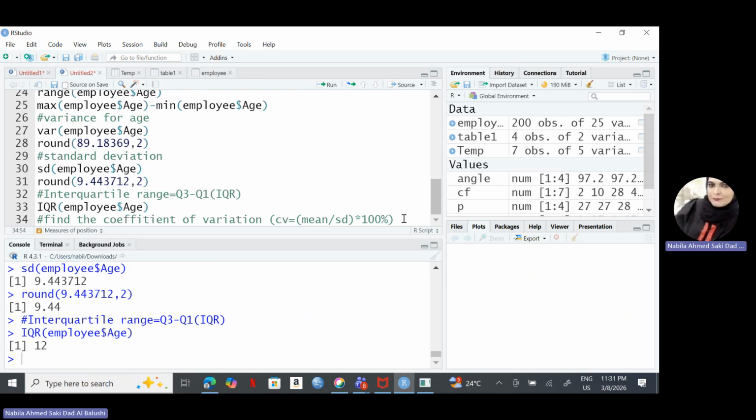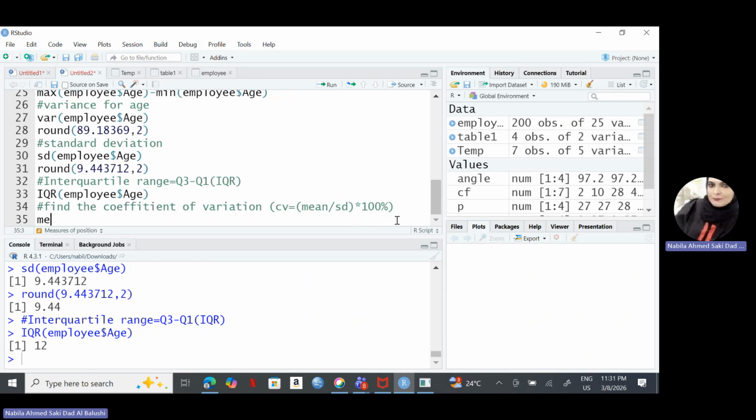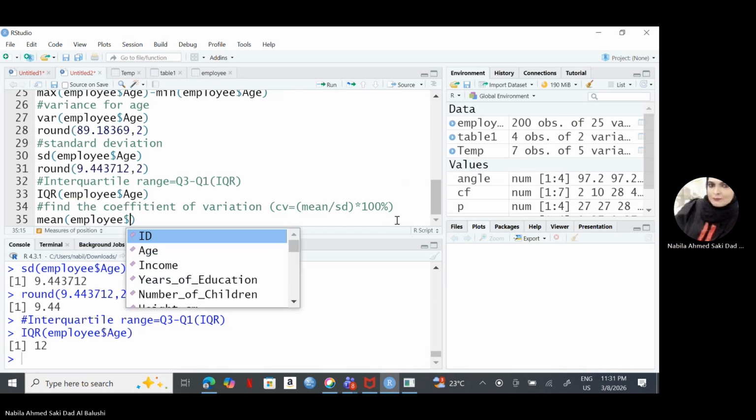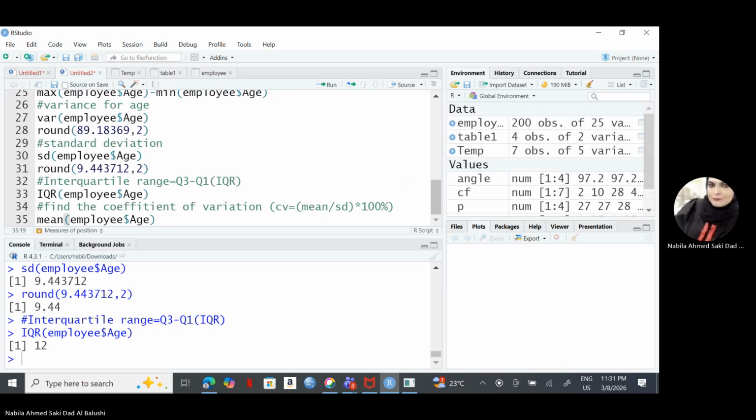To compute that, we want the coefficient of variation for the variable age, so mean of the variable age divided by the standard deviation of the variable age, close the brackets, multiply by 100. No need to write the percentage, just multiply your answer by 100.